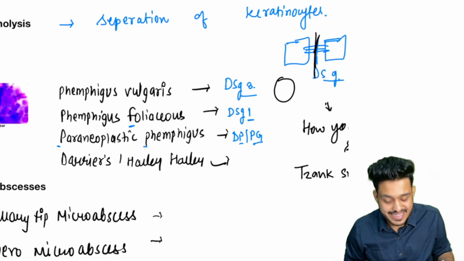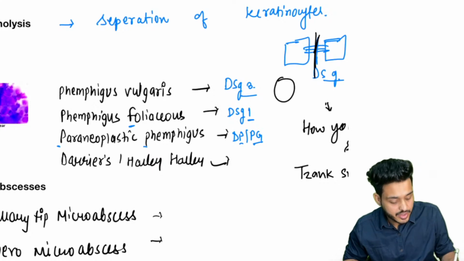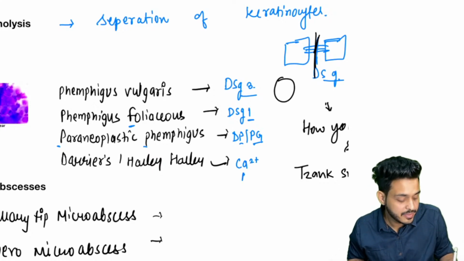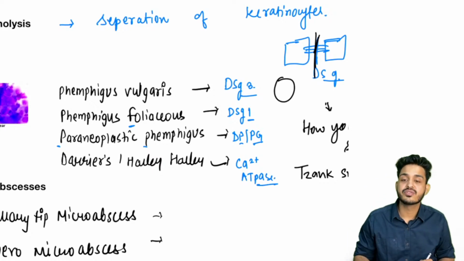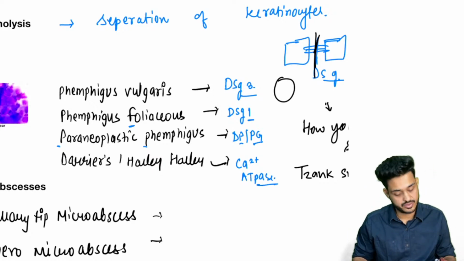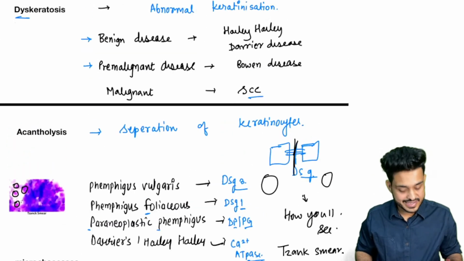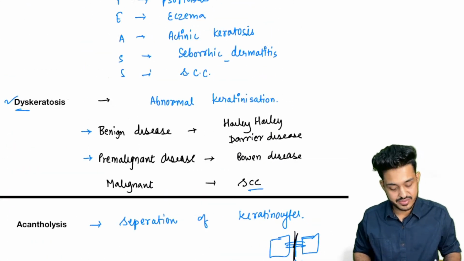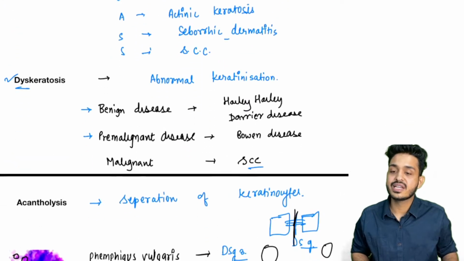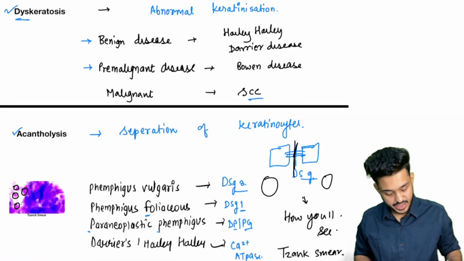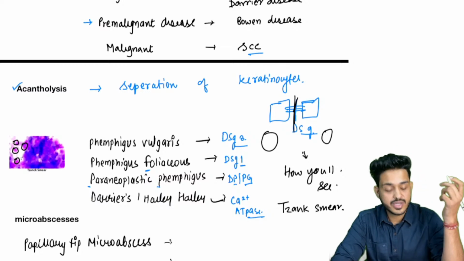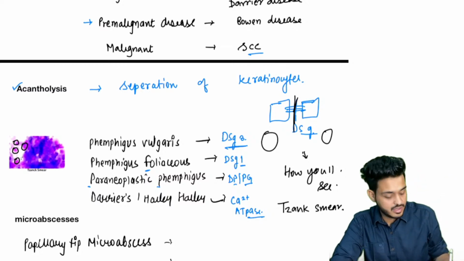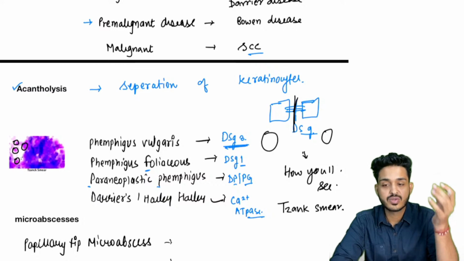Next one is your Darier's or Hailey-Hailey disease. These are due to defect in calcium ATPase. So these are the acantholytic cells. We have seen dyskeratosis, we have seen parakeratosis, and we have seen acantholytic cells. हम लोगों ने देखा pemphigus vulgaris में antibodies are formed against desmoglein 3.